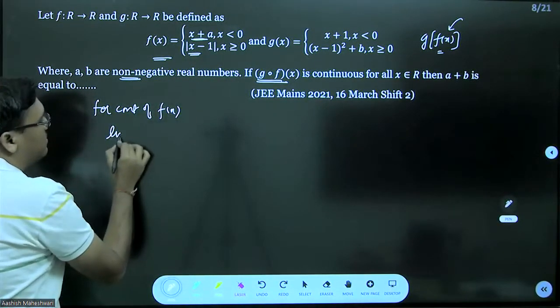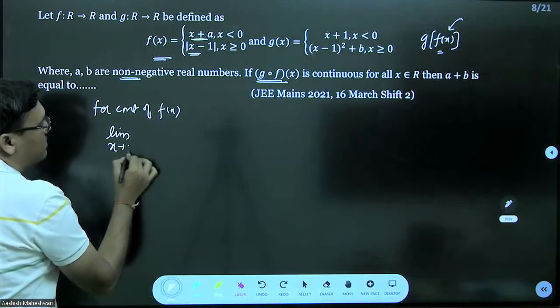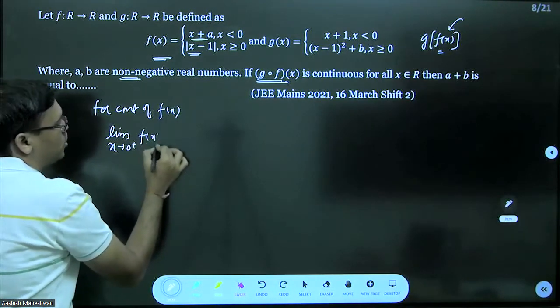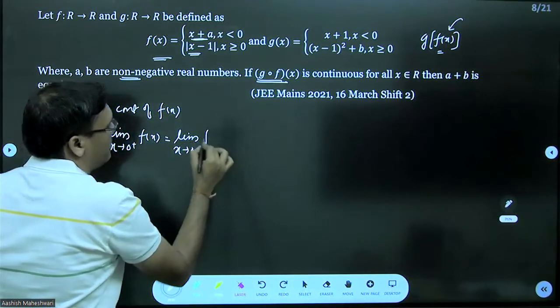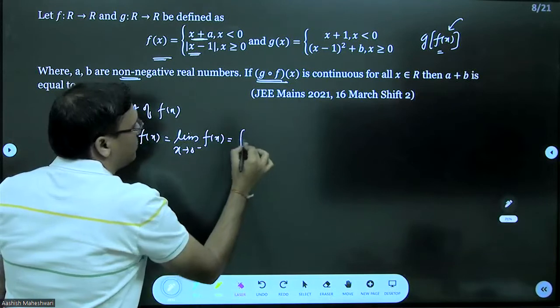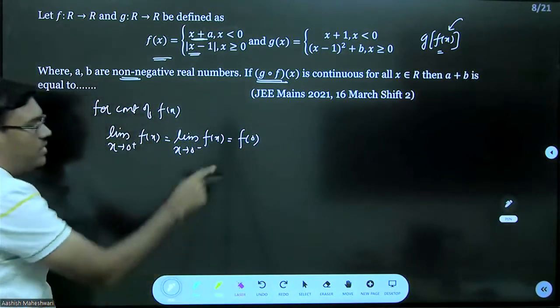So what is this, limit x approaches 0 plus fx should be equal to limit x approaches 0 minus fx. This should be equal to f of 0 for continuity of function fx.